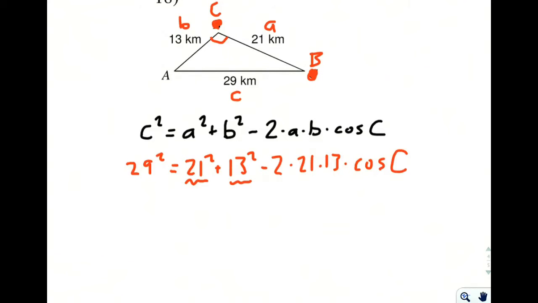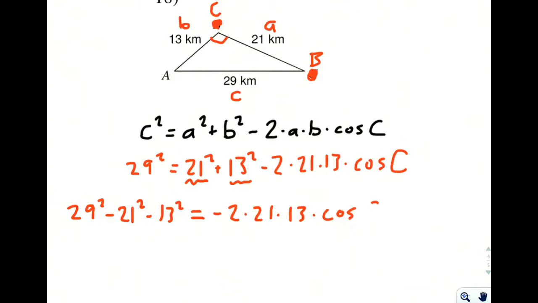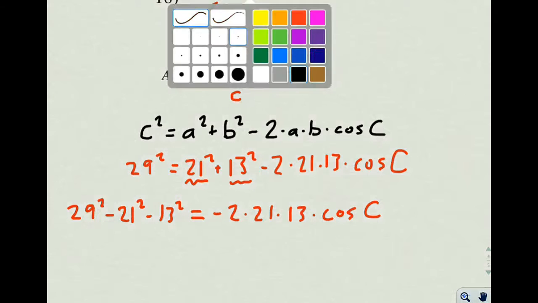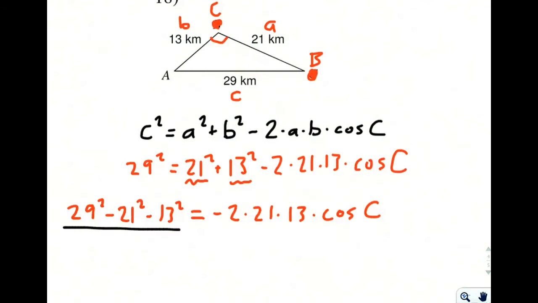So if I subtract those to the other side, I'm going to have 29 squared minus 21 squared minus 13 squared equal to what's left over there, negative 2 times 21 times 13 times cosine of C. Simplifying this a little bit now, I can plug this into my calculator exactly as I see it and plug this part into my calculator exactly as I see it and leave it multiplied by cosine C.